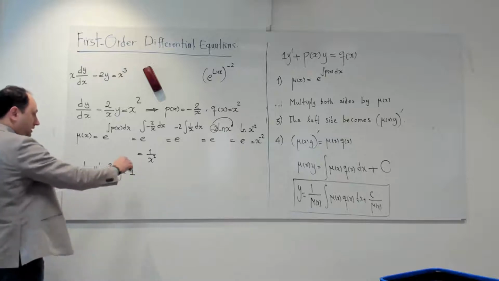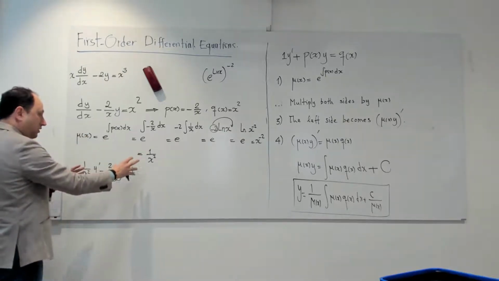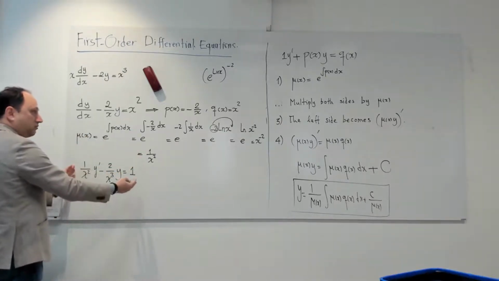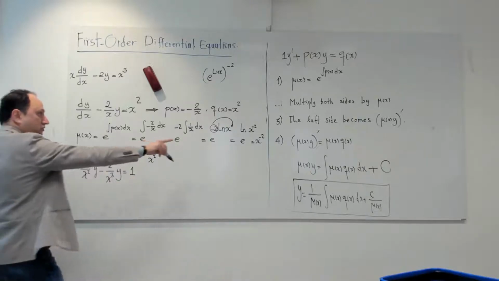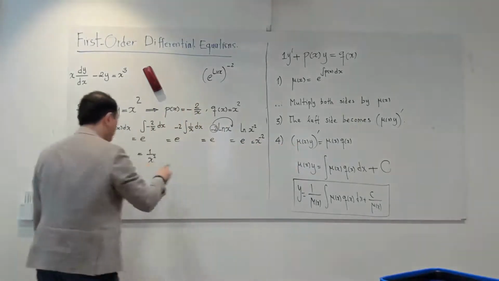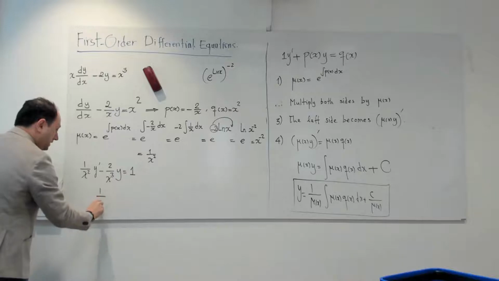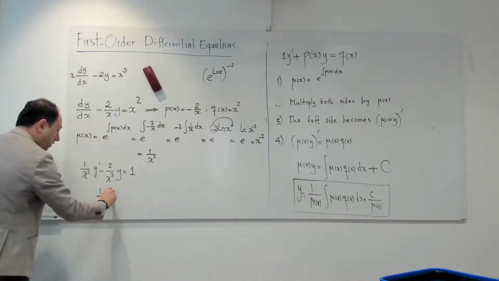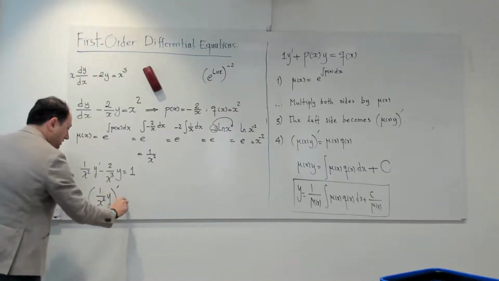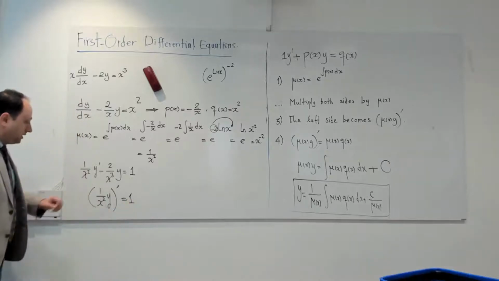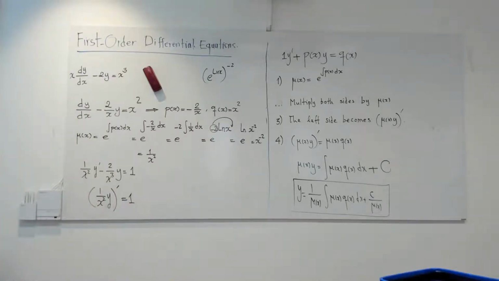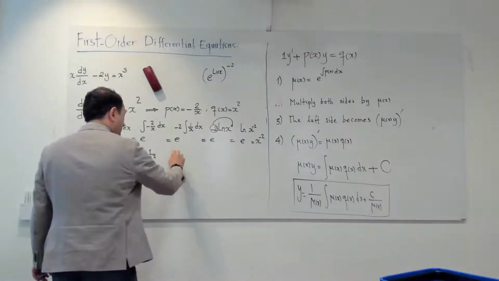When you do everything right, the left-hand side, after being multiplied, becomes the derivative of your integrating factor, which is 1 over x squared, multiplied by y, and the derivative is equal to 1. If you don't believe that, we can check it again. But if you have done everything right, don't doubt it, it will work.